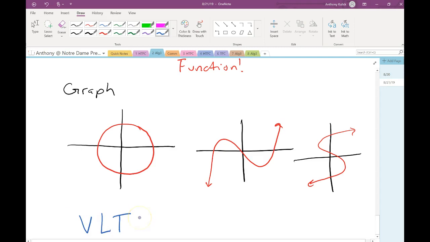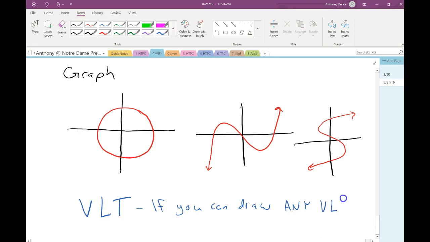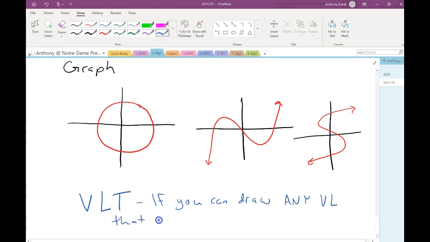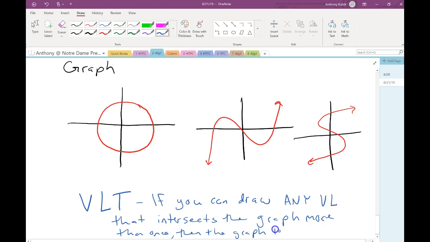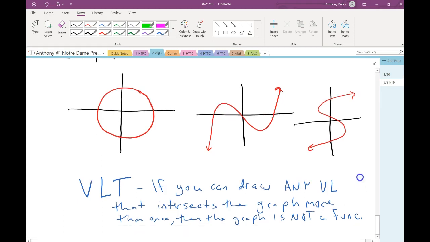And what this says is if you can draw any vertical line that intersects the graph more than once, then the graph is not a function.